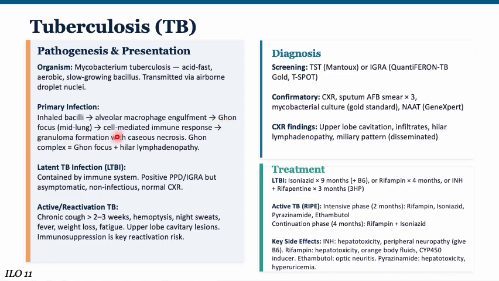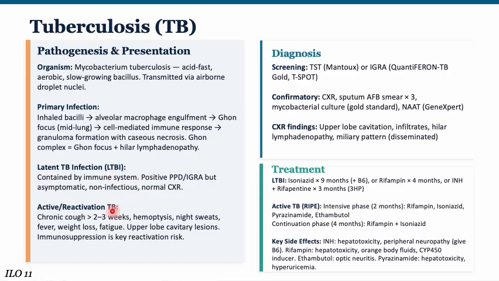And then there's another cell-mediated immune response where a granuloma will form around it, and also will have some necrosis. So the Ghon complex usually will show up on a chest radiograph, as well as some hilar lymphadenopathy.